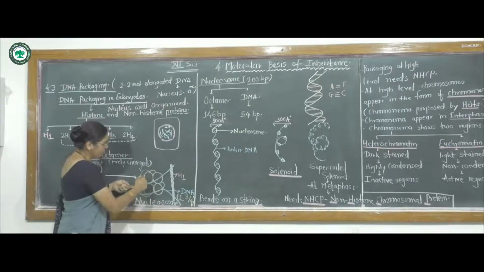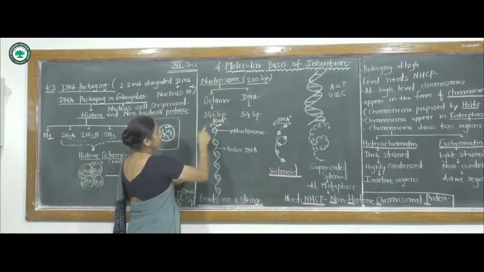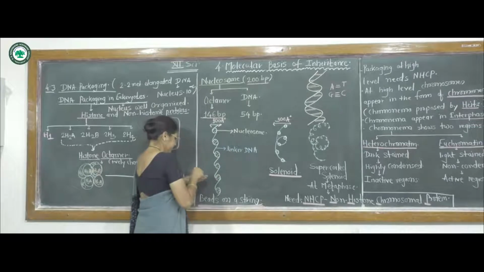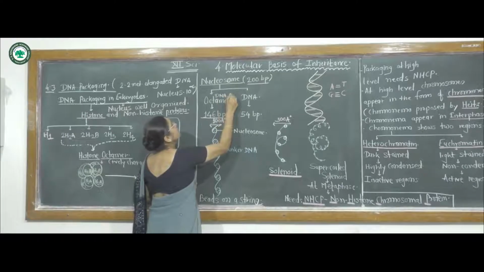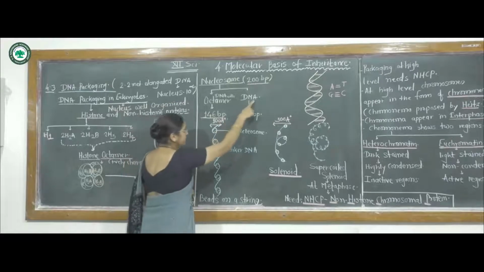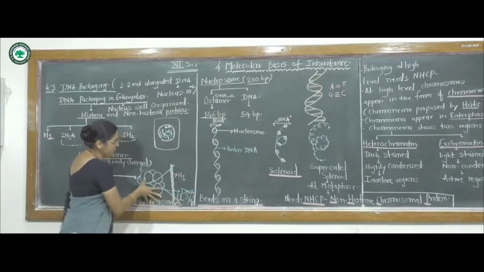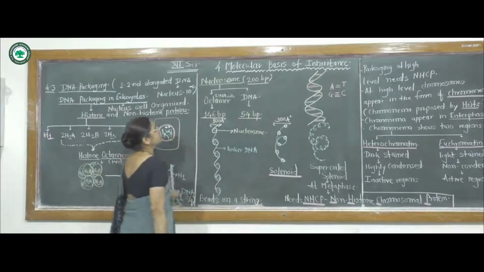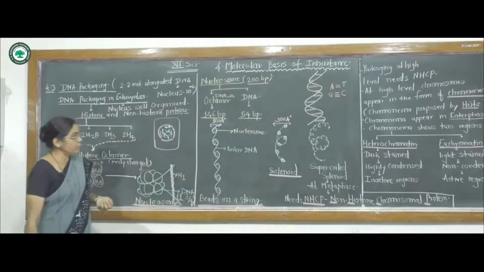The octamer with DNA shows 146 base pairs, and the DNA which enters and leaves the nucleosome, the remaining DNA, shows 54 base pairs, so totally approximately 200 base pairs in a single nucleosome.